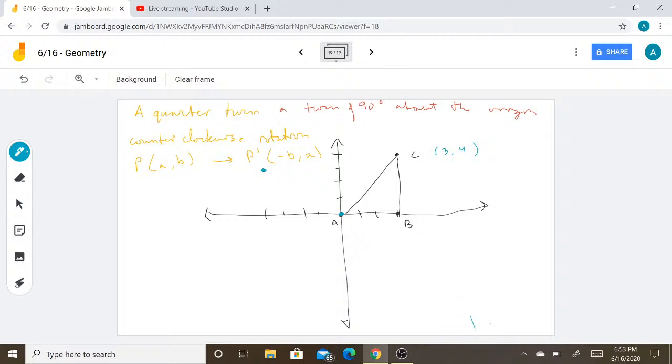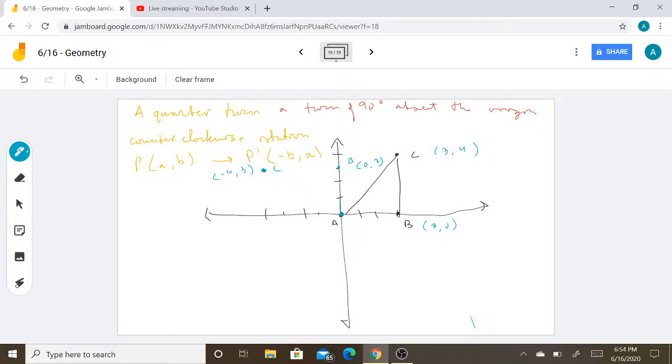This is C. And B was originally 3 comma 0, but it would become 0 comma 3 based on the rule that A, B becomes negative B, A. So this is now 0 comma 3.